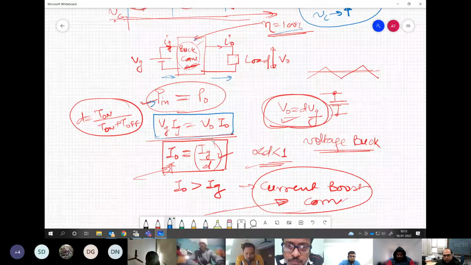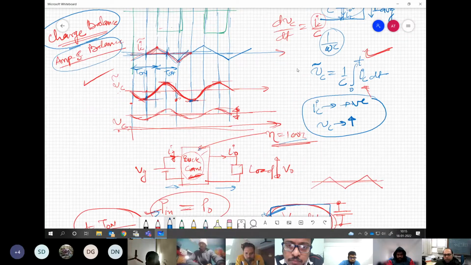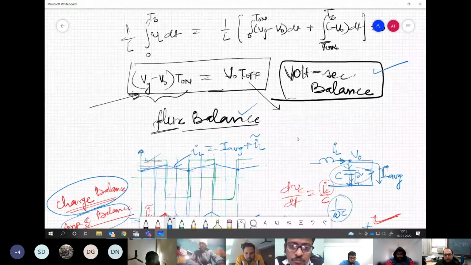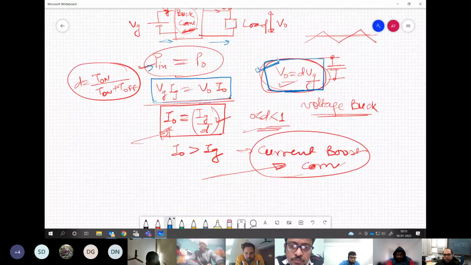And the input and output voltages are related through this, which is what we are getting from our volt second balance. That is what we have seen in our previous classes also.